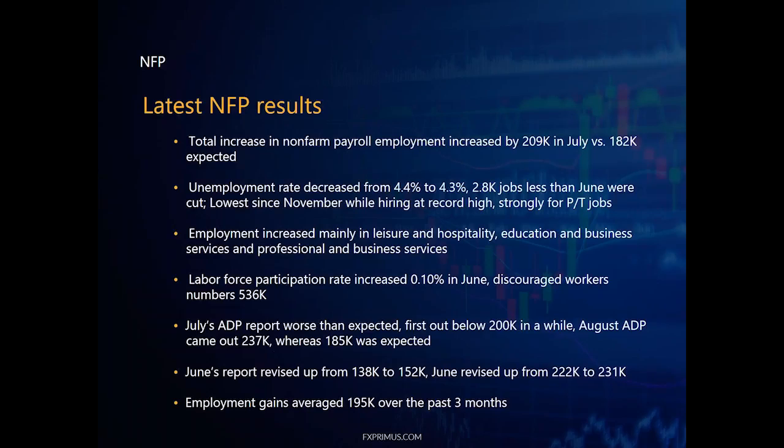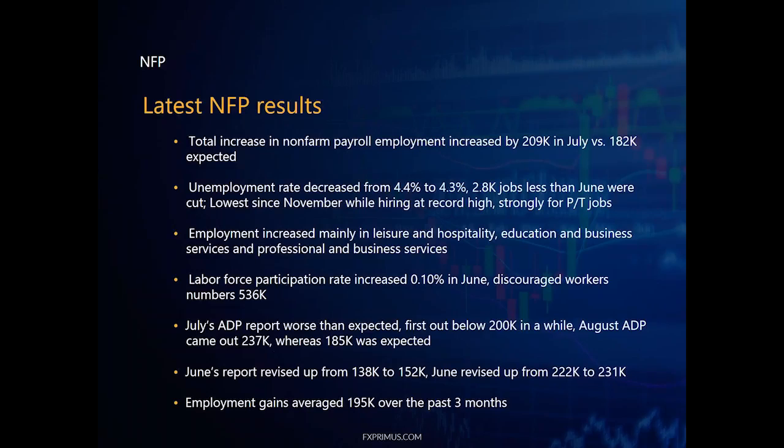Last month's estimate was the first in a while expected to be below 200K, and NFP showed amazing results. Investors have been losing confidence in the ADP reports as the divergence between these and the data from the Bureau of Labor Statistics keeps widening.